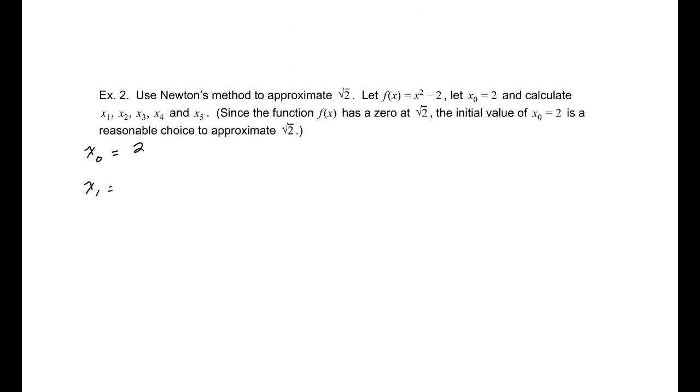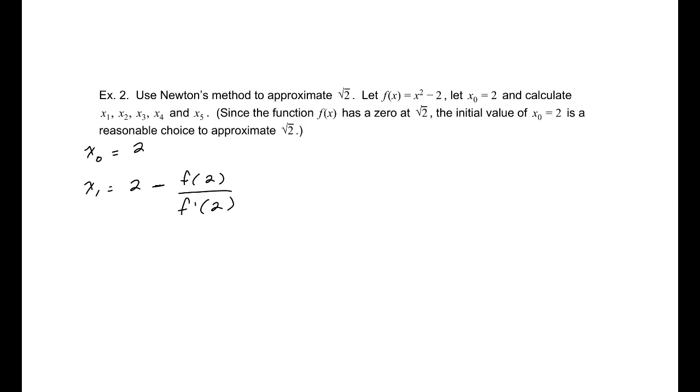x1 will be x naught minus f of x naught, in this case 2, divided by f prime of x naught. I'm going to input those functions here, x squared minus 2. Now the derivative is 2x.